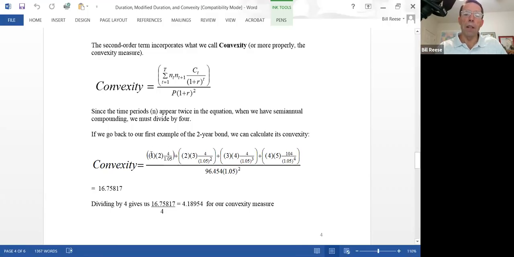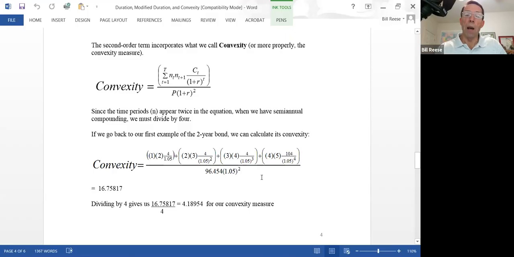They get multiplied by time period 1 times time period 2. And then these are the present value of the cash flows in time period 2. They get multiplied by 2 times 3. Here's the present value of the cash flows in time 3. So that gets multiplied by 3 times 4. Here's the present value of the cash flows in time 4. They get multiplied by 4 times 5. So that's all in the numerator there.